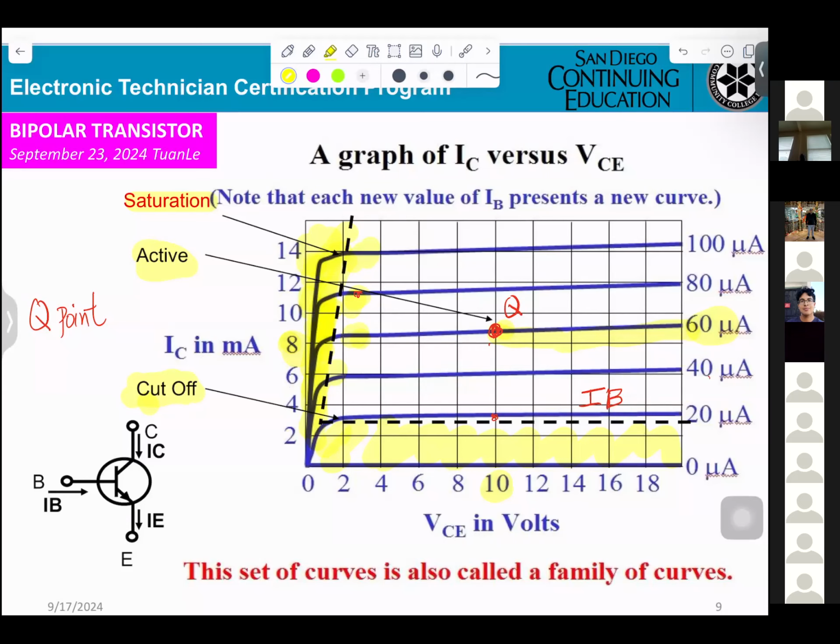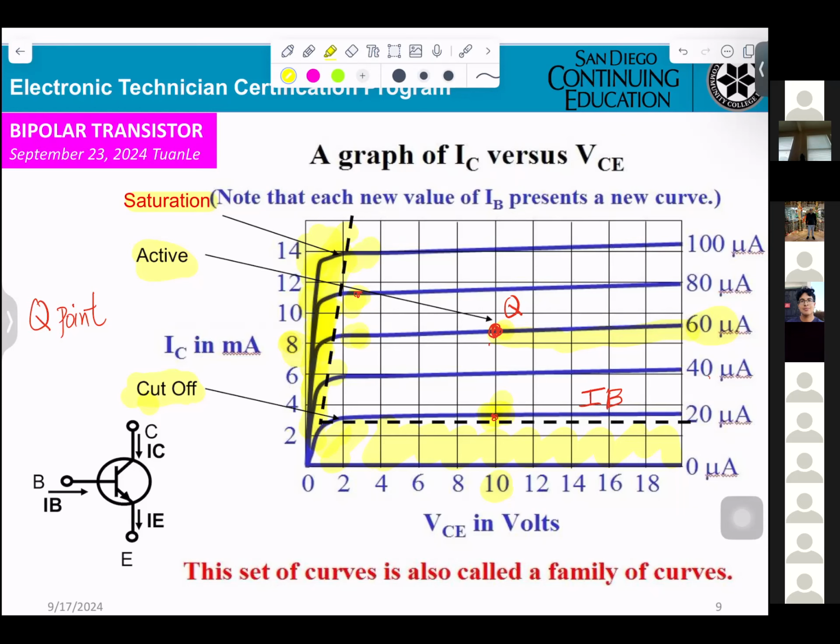That means no more amplifier. That's not good. And they don't want any point very close to cutoff. When the temperature changes, it can go to cutoff, no more amplifier. So that's why they have to pick in the middle. It can move a little up or a little down, but it's still active.